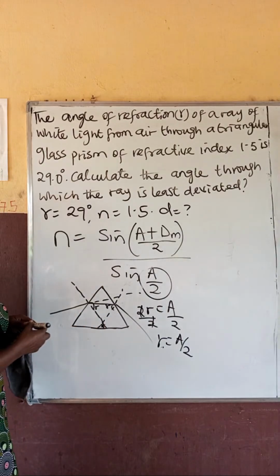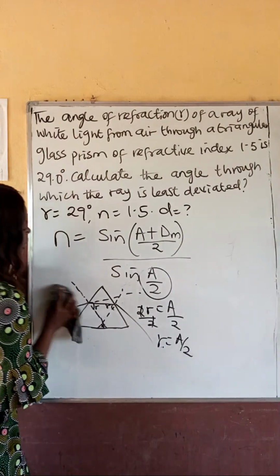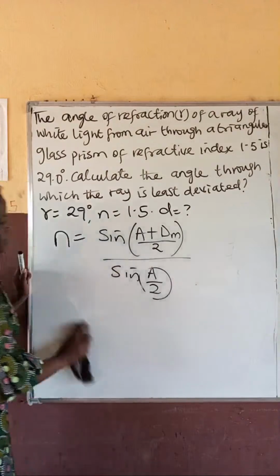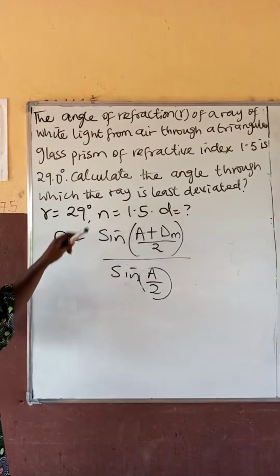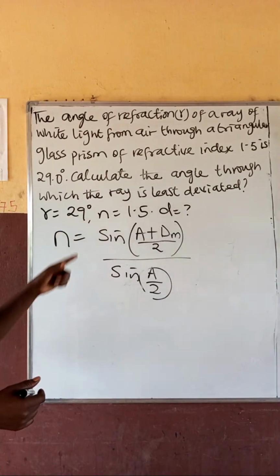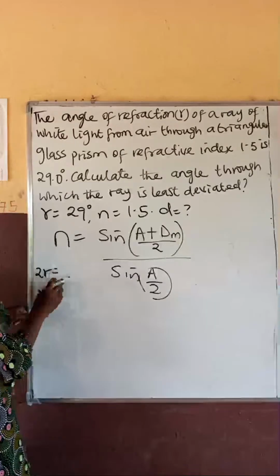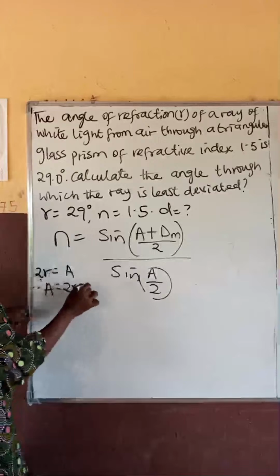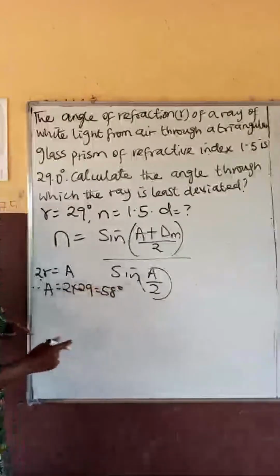Even if we divide or multiply, we still get the same thing. So I'm going to replace A over 2 here as 29 degrees. But what is our A? R is equal to A over 2. Therefore, my A is equal to 2 times 29, which is going to give me 58 degrees.